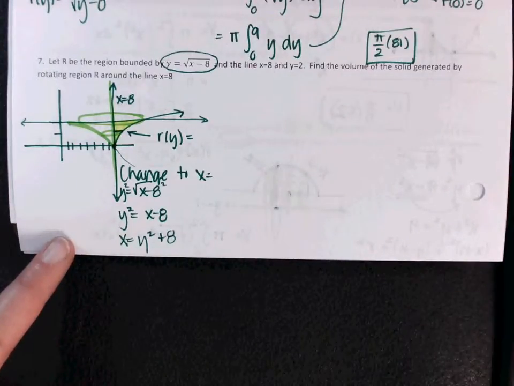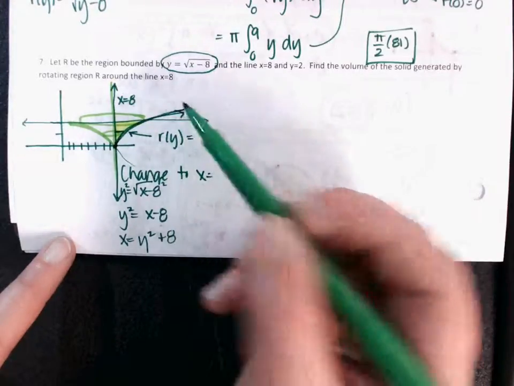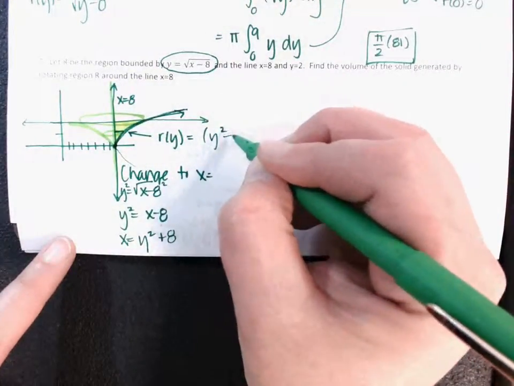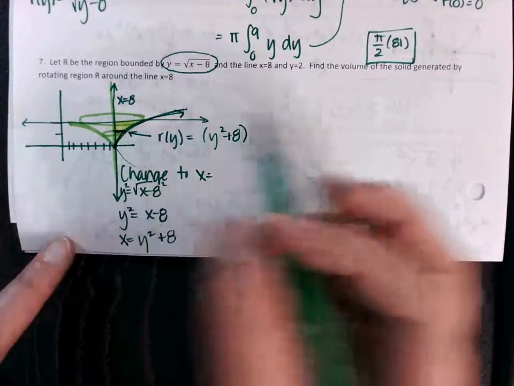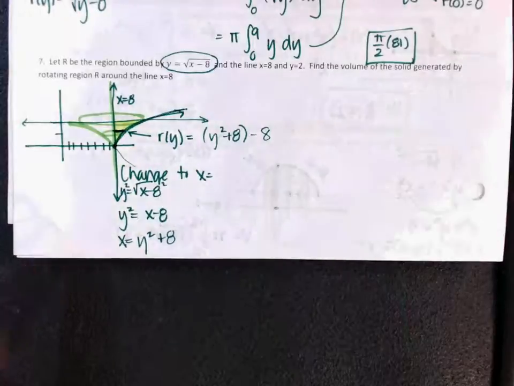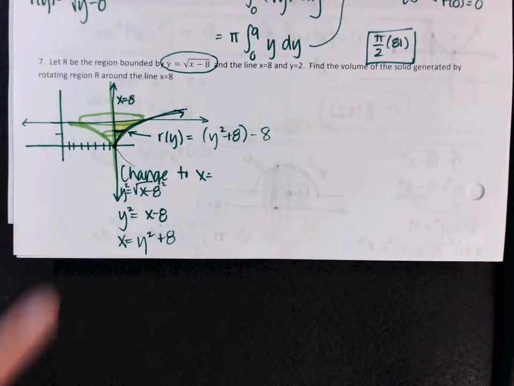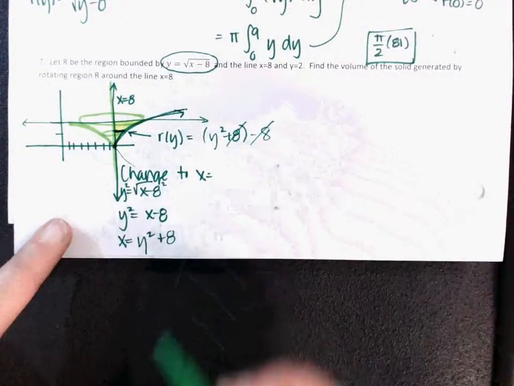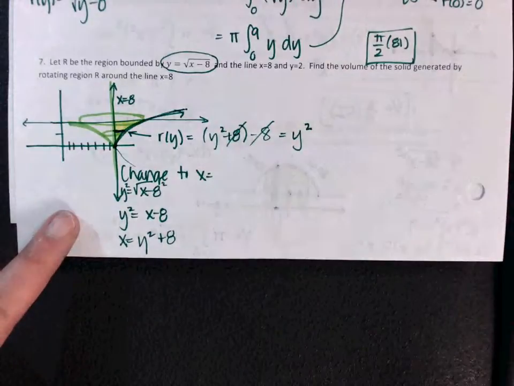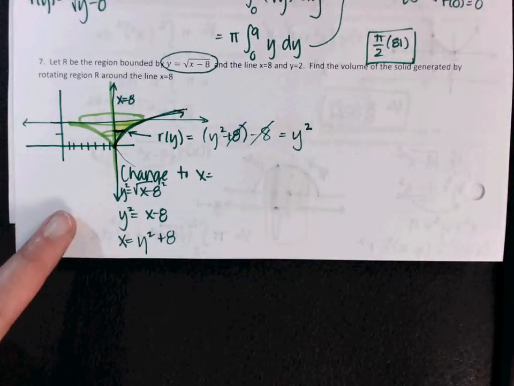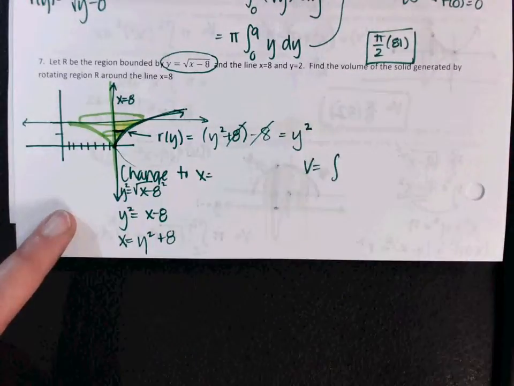So when I do right minus left, what is the right side touching? Y squared plus 8. And what is the left side of the radius or the center touching? 8. And when you have a plus 8 and a minus 8, what's going to end up happening? Just like the 4s on the other problem. Cancel out. So really your radius is just a what? Y squared. Okay, so then it'd be integral where to where?